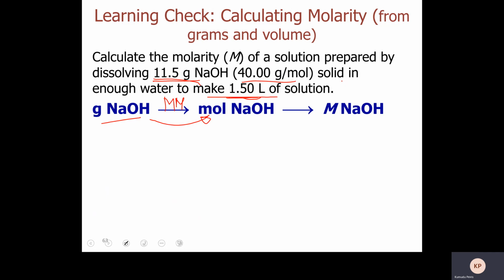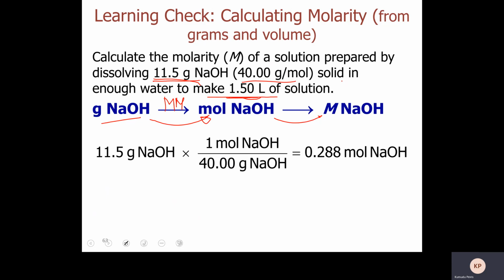Yes, the molar mass of the sodium hydroxide given is 40.00 grams per mole. Then the moles of sodium hydroxide can be converted to the molarity by dividing the moles by the volume of the solution. Let's start the calculation.